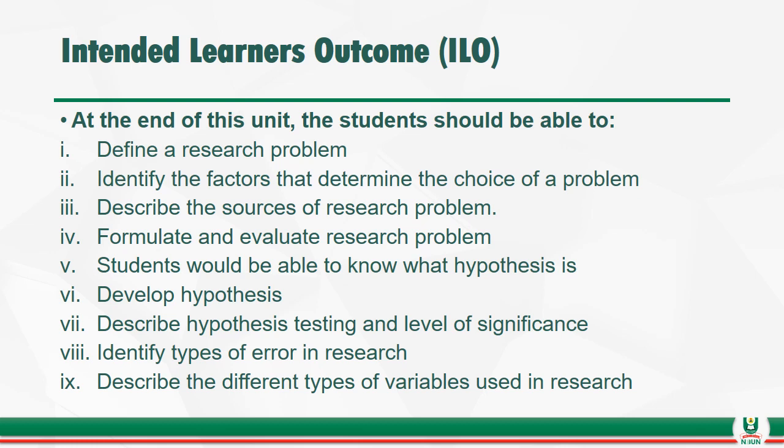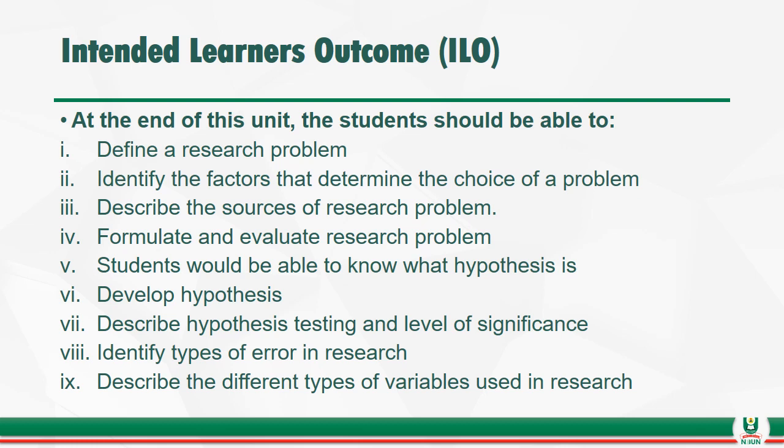This particular week 2, we are going to look at two different units of this course because of the range we are expected to cover. At the end of this unit, the student should be able to define a research problem, identify the factors that determine the choice of a research problem, describe the sources of research problem, and formulate and evaluate a research problem.